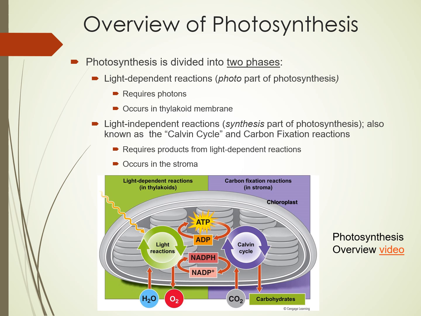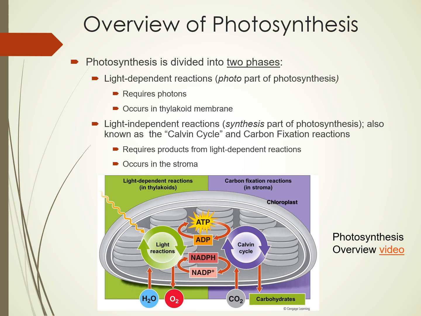Photosynthesis has two phases: the light-dependent reactions, which require light particles known as photons, and happen in the membranes of the thylakoids. This phase represents the photo portion of photosynthesis. The second phase, which represents the synthesis portion of photosynthesis, is the light-independent phase, as light particles are not necessary for it to proceed.